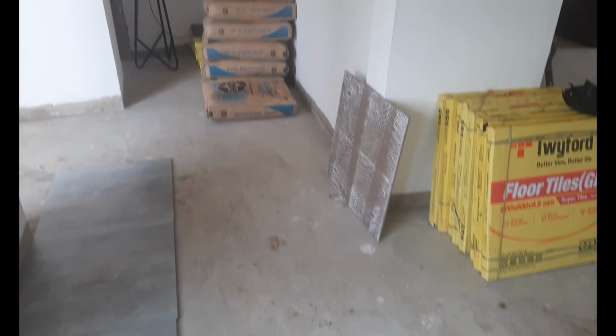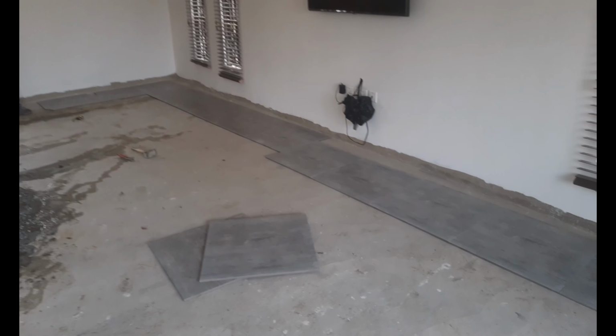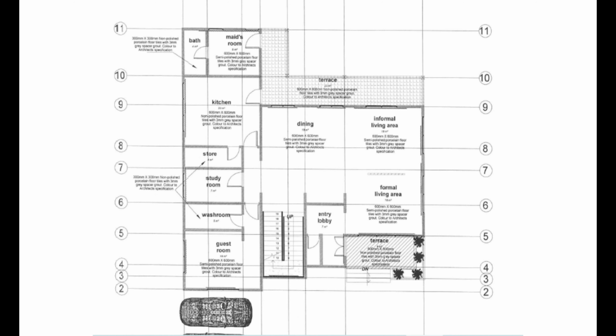Now, if you already have an idea of the type of flooring you want, you can also put this in your finished floor plan. Your architect can help you when they do your working drawings. Your interior designer can help you. Once you have your working drawings and you have your square footage, square meters, your interior designer can help you.